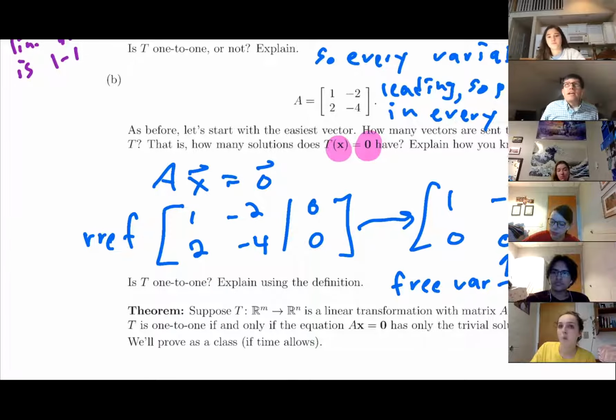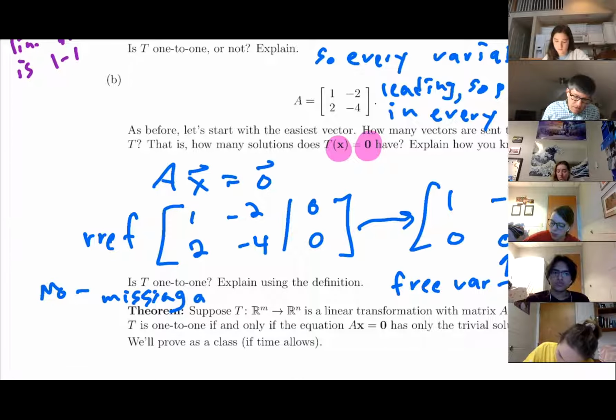Is T one-to-one here? What do we think? I agree. Is that Laura that's shaking her head? Laura, tell me why. We had just said that there had to be a pivot position in every column, and in this case, it wouldn't satisfy that. Good. So it's missing a pivot in a column, right?